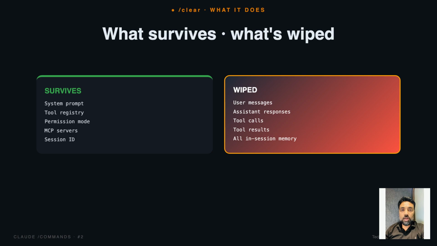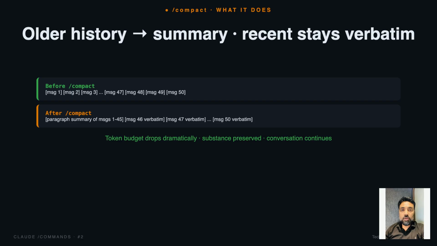Now /compact. You type /compact, press enter, and Claude takes your conversation history and summarizes it into a shorter version. Older messages get condensed into a paragraph that captures the key decisions, key code changes, and key state. Recent messages are typically kept verbatim because they're freshest. The compacted summary is then used in place of the full history for the next API call.